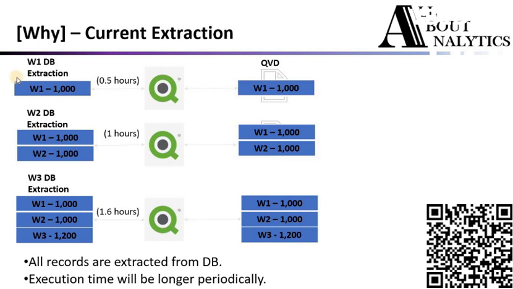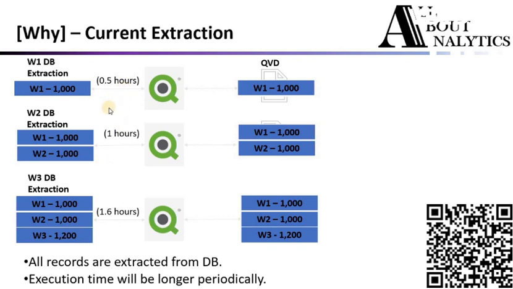What happened is the ETL layer is extracting all the information from our database and pushing it into Qlik Sense format, right? So if we can see here, if we are currently at week 1, we are extracting 1000 records, extracting into Qlik Sense format, and starting the next week, we are still extracting week 1 data again together with week 2 numbers, right?